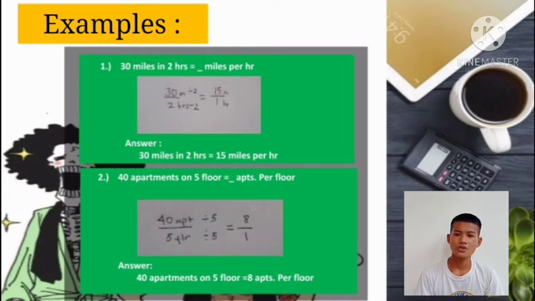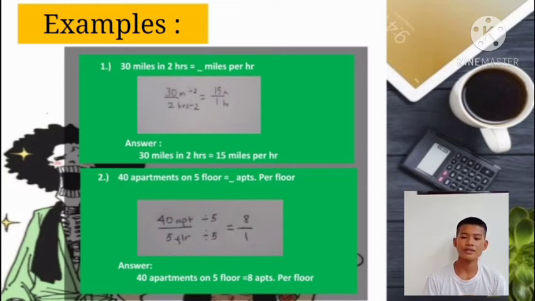So we divide 30 by 2. That will keep everything equivalent and give us the unit rate because we'll have a denominator of 1 now. So now we have 15 miles per 1 hour, or 15 miles per hour.